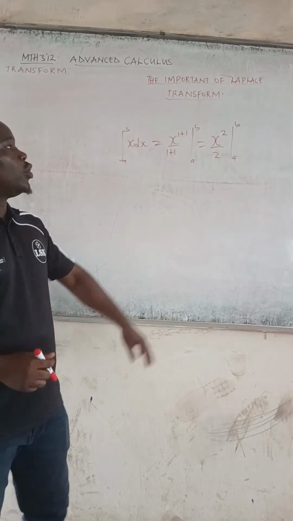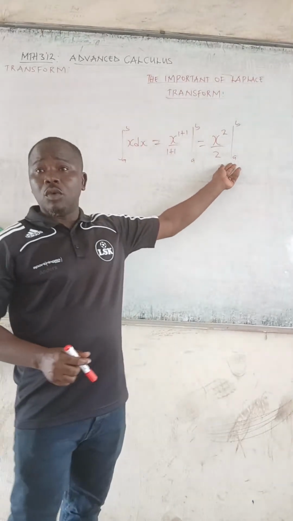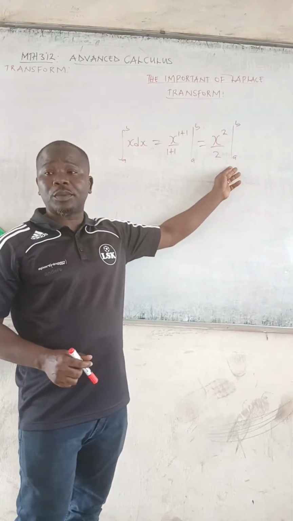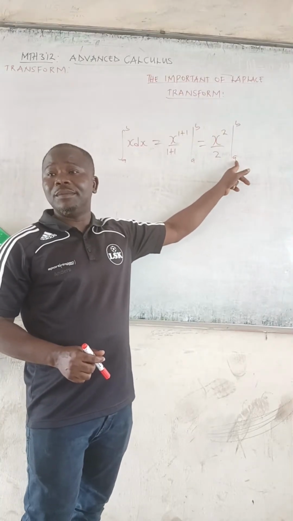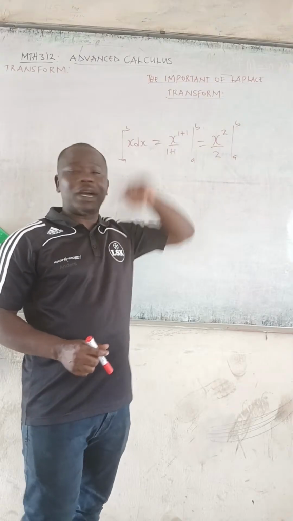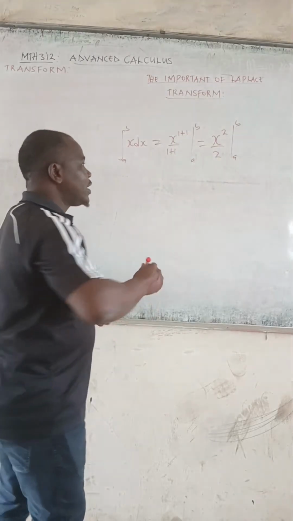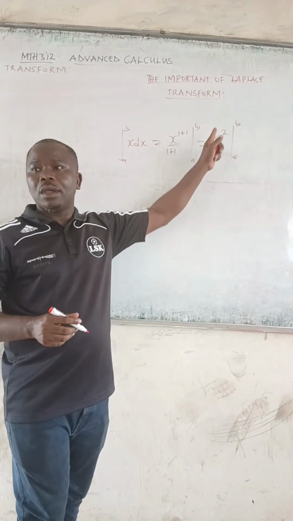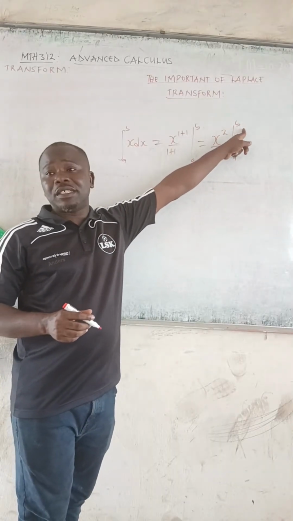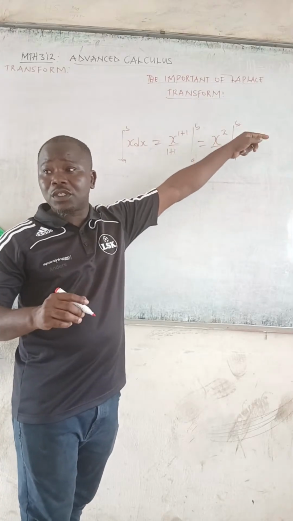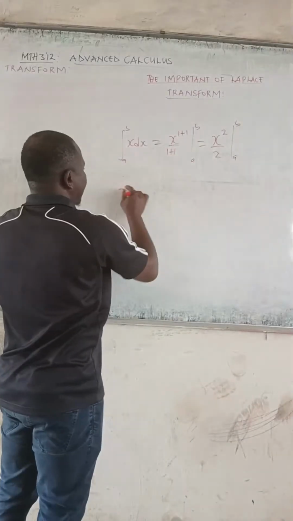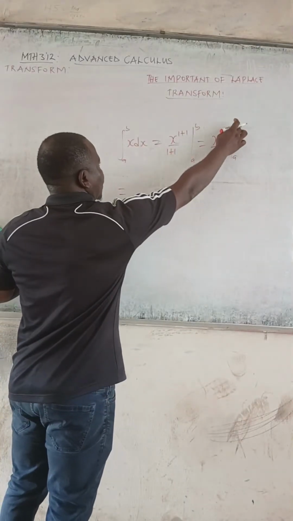So now we want to find the values. We will subtract this lower limit from the upper limit. How? Anywhere you see x, you first write the upper limit minus the lower limit. So anywhere you see x is b.